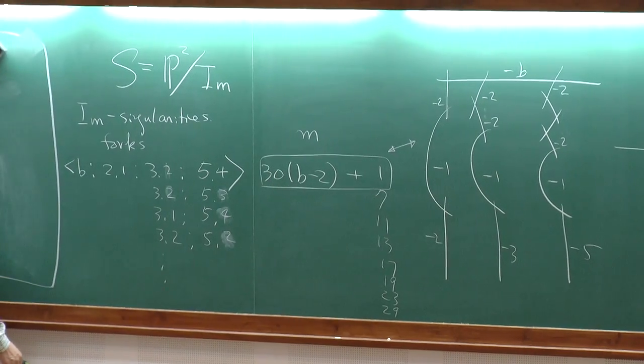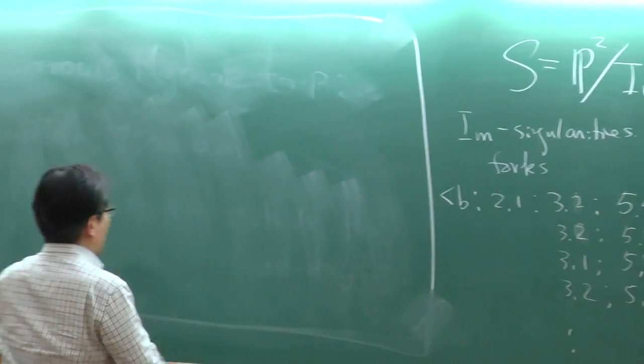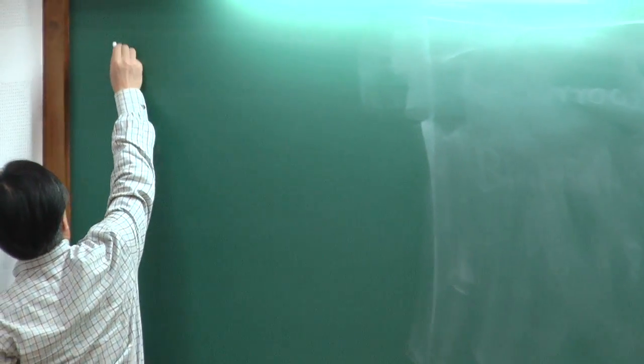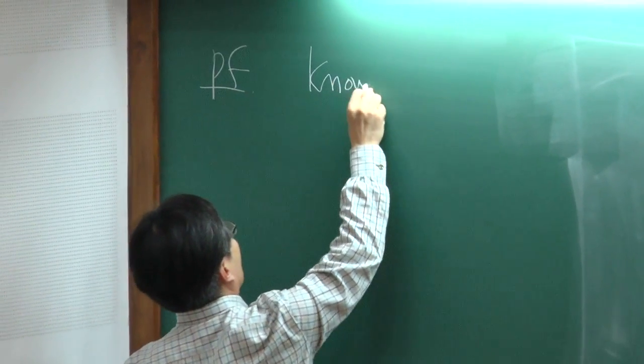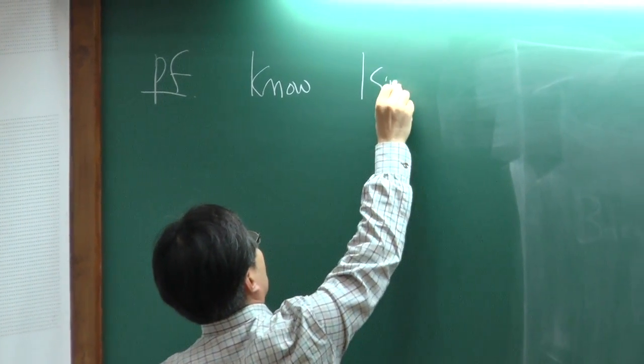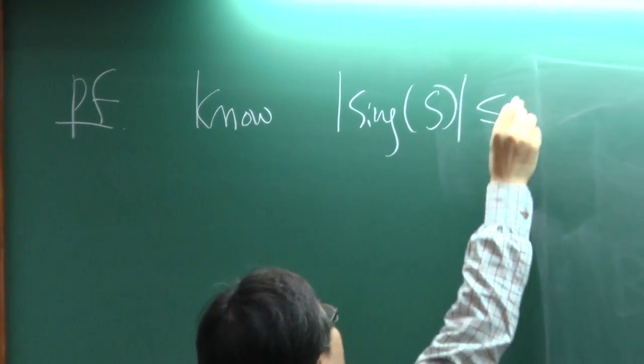So the idea is quite simple. Here's the proof. We know the number of singular points is less than 5.